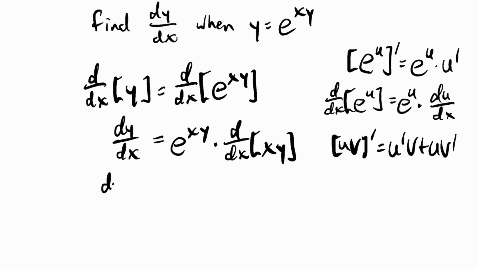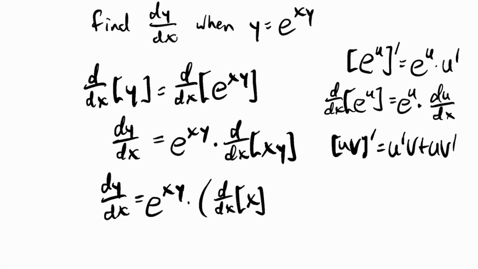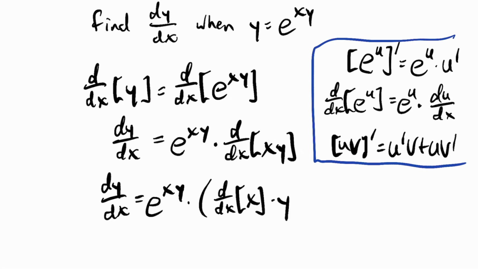So dy dx equals e to the xy power times, and I'm going to use parentheses to group things together, the derivative with respect to x of the first factor, x, times the second factor. I'm going to put a box around this so it's clearer that I don't want things to run together, plus the first factor x times the derivative with respect to x of the second factor, in this case y.